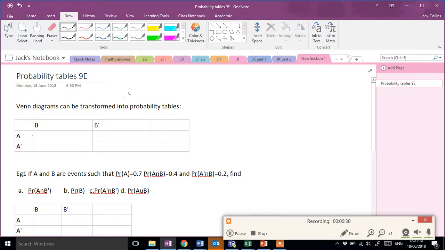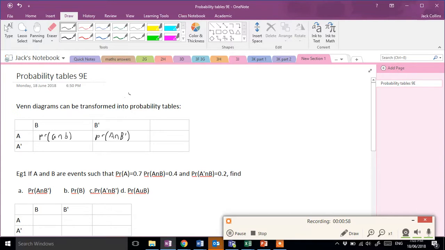So in the B and A here, this intersection would show you the probability of A and B, so the intersection of A and B. And then here would be the probability of A and not B. So just of A. Okay?